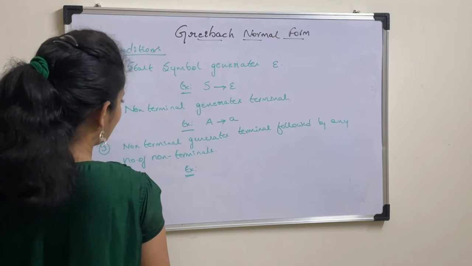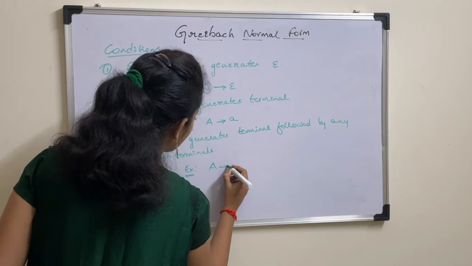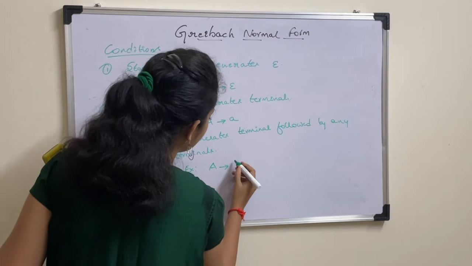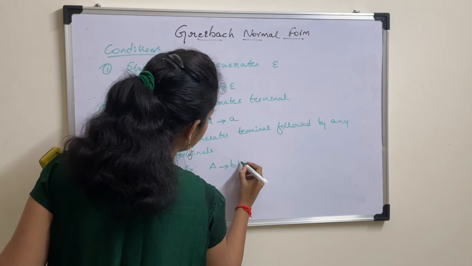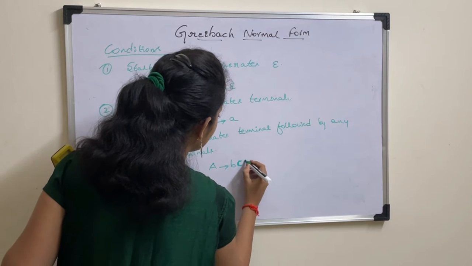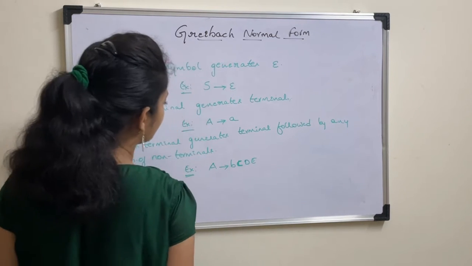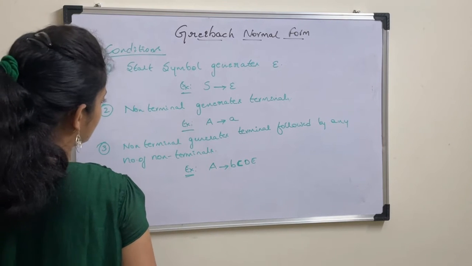Take A derives one terminal followed by any number of non-terminals, like C, D, E, and so on. You can have any number of non-terminals.